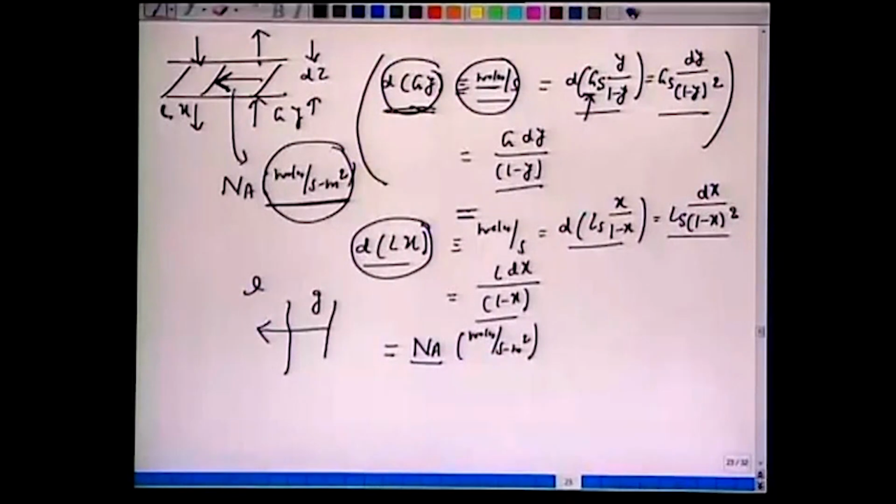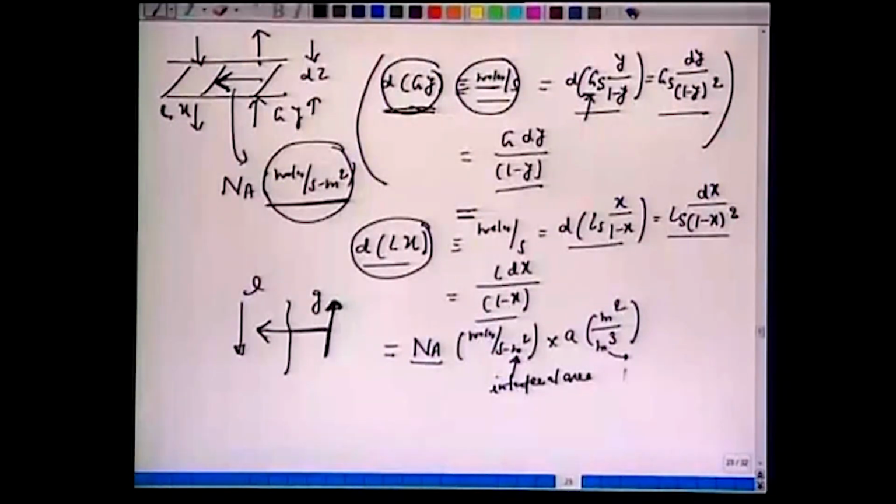Whatever changes here, there is a decrease and there is an increase, which is balanced by this gas to liquid transfer, and will equal NA into a, that is the packing specification, meter square per cubic meter. Make a note, this meter square is not the cross sectional area, this is the interfacial area of mass transfer, and we have this packing volume.